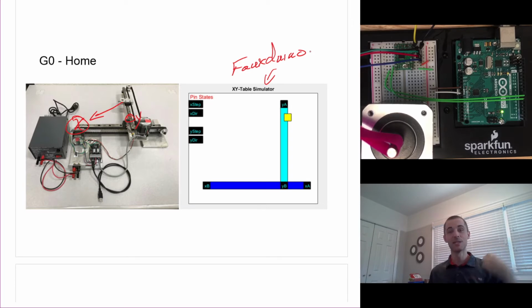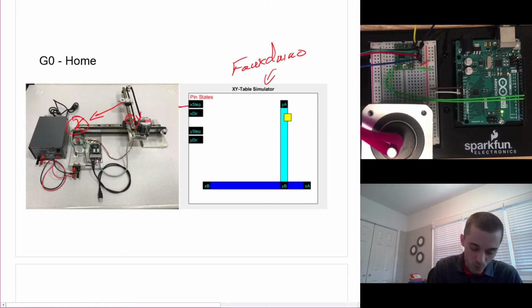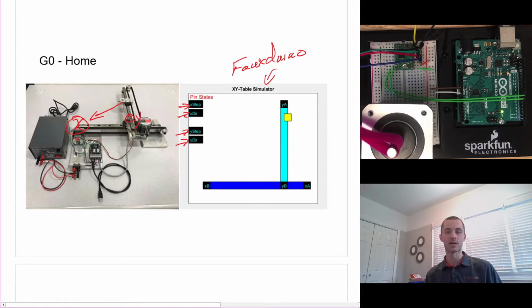So I made the Arduino to emulate the XY table, because the biggest complaint about the XY table in mechatronics, at least, oh gosh, 5 years ago, was that they could only use the equipment in the lab. And so I said, I can help you. So I made this emulator which tells you what the state of the pins are for both X step, Y step, X direction and Y direction, and also shows you what's happening in this particular part.